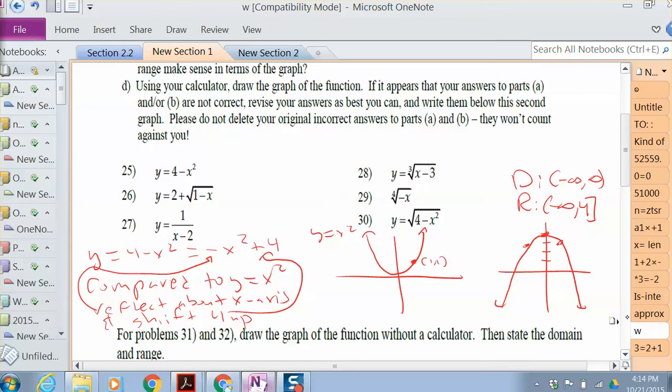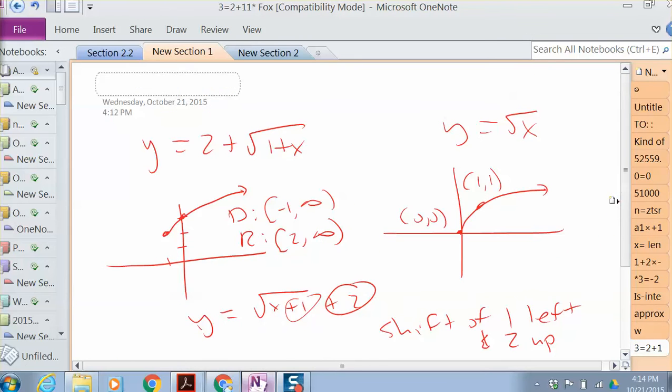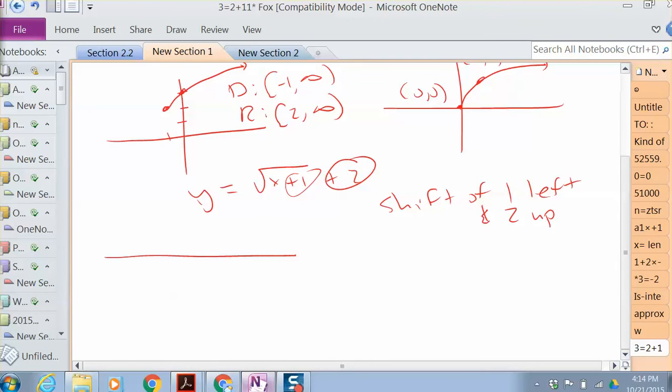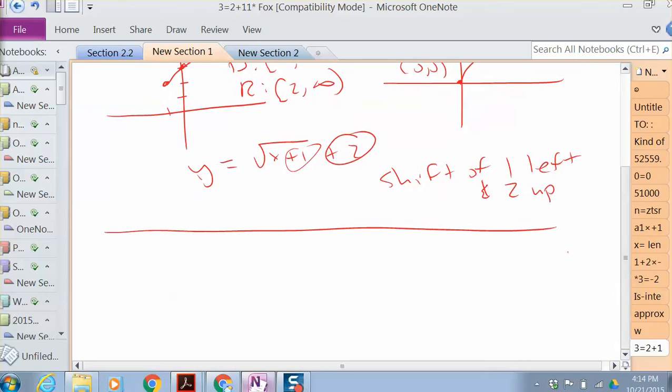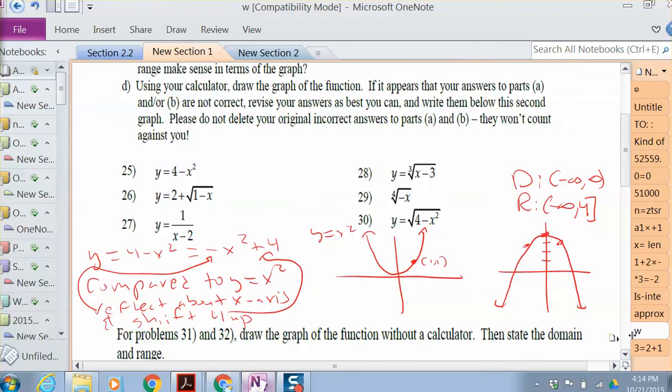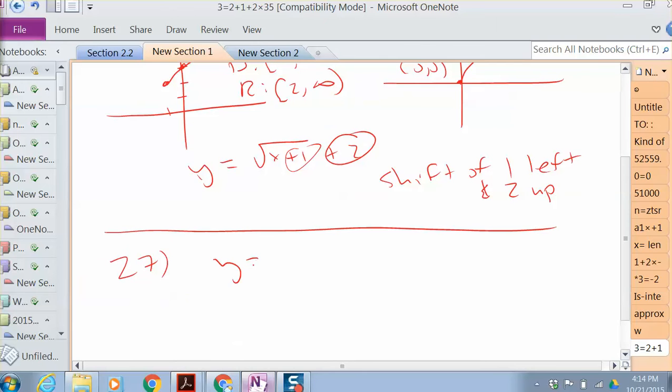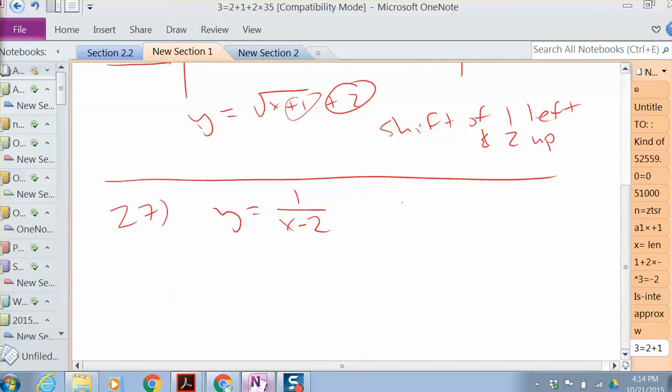Let's look at 27. So for 27, we have y equals 1 over x minus 2. So you may want to pause the video and see if you get the same thing as me. And do compare to 1 over x, which you should know looks like this. And of course, asymptotes on the x and y axes.